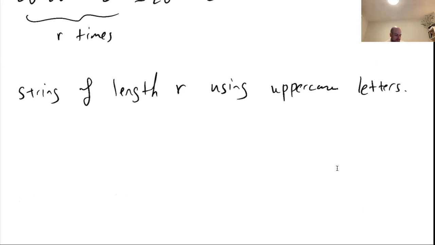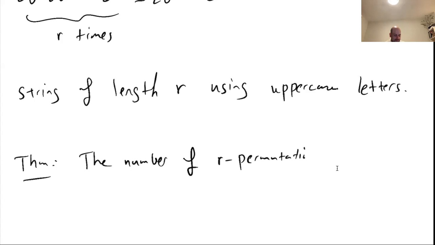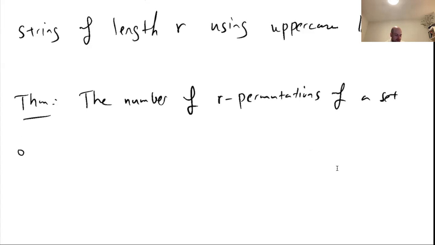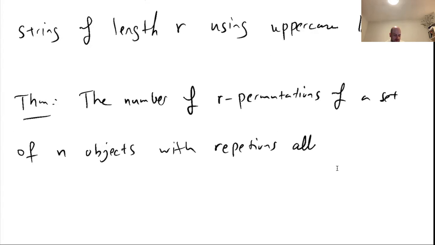So we can say that, theorem: the number of r-permutations of a set of n objects with repetition allowed is n to the power r.